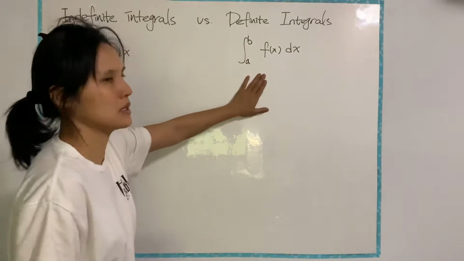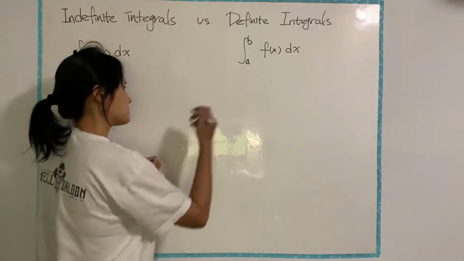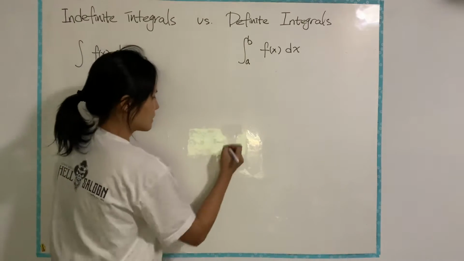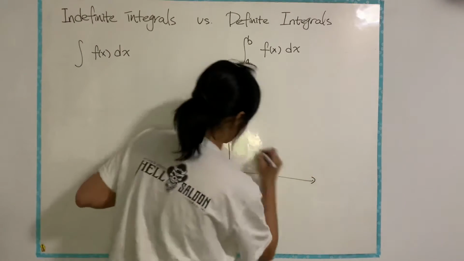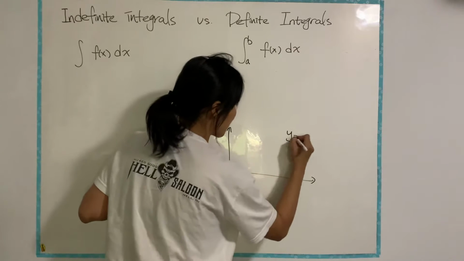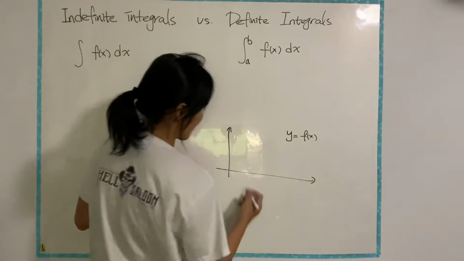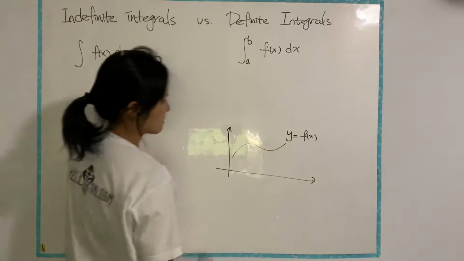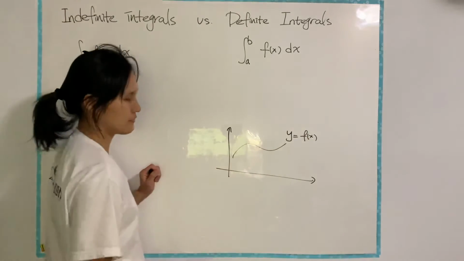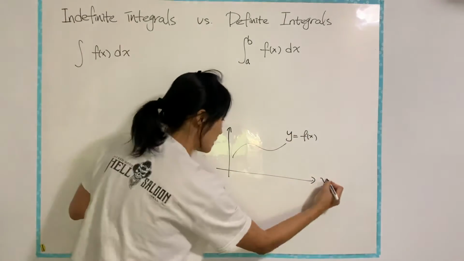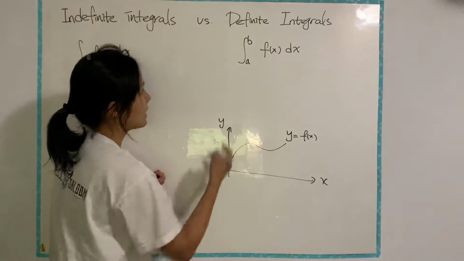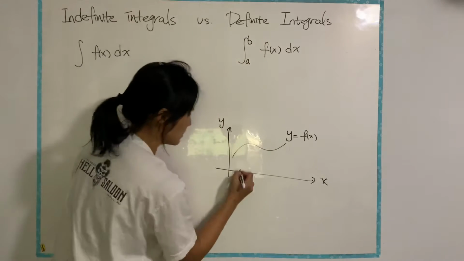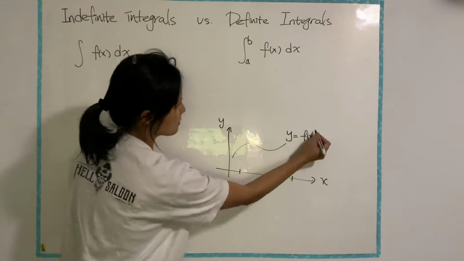So what does this mean? This means the function that you give me, we know it represents a graph or curve in the plane, right? And the interval [a, b] denotes the interval for the x variable.